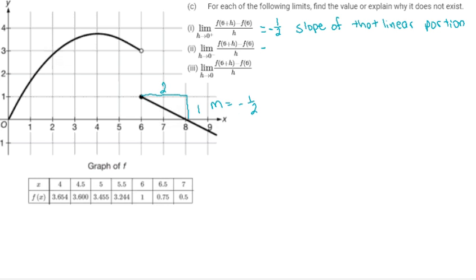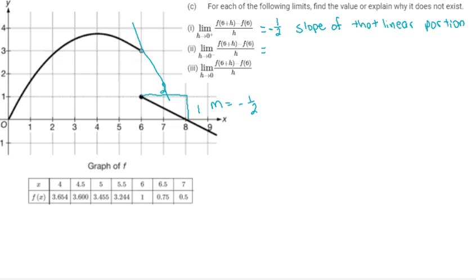And for our next part, let's look at this here. Again, what are we approaching? The limit is what are we approaching? And if we approximate what our slope is right there, no, that's not a good approximation there. It's going to be more so. Almost had it. It was close.